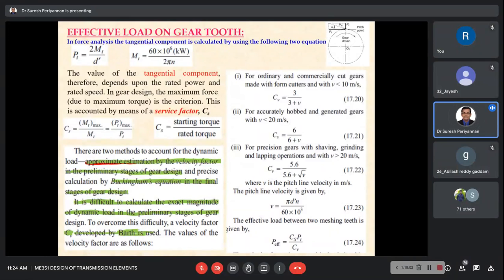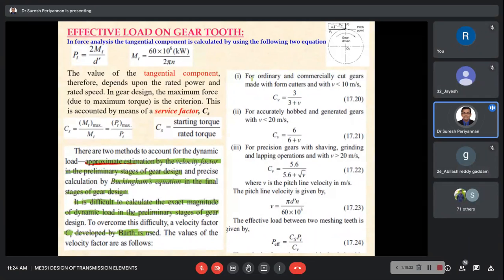Finally, the scientific community agreed to use his formula. CV is the velocity factor; instead of finding the dynamic load condition, we are using the velocity factor whatever he introduced.